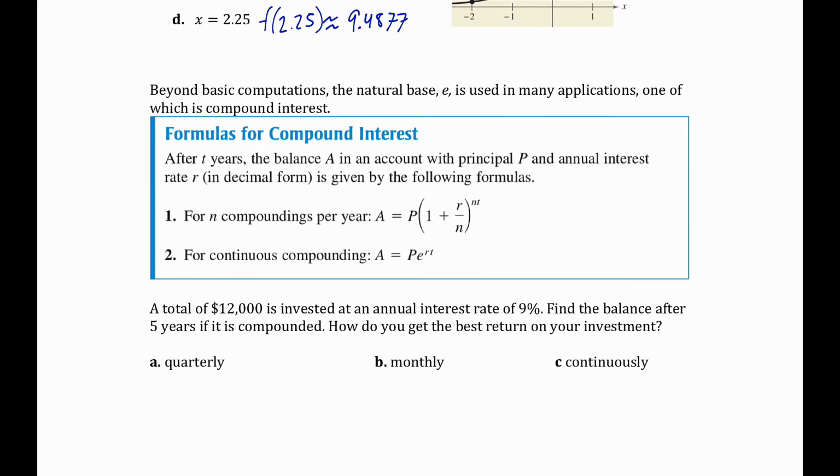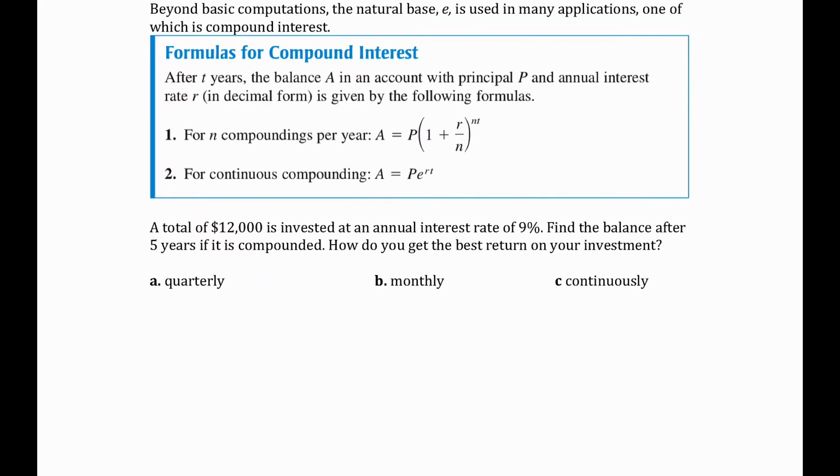If it's compounded n times per year, A equals P times 1 plus R over n, raised to the nt power. If it's continuously compounding, A equals P times e to the RT power.